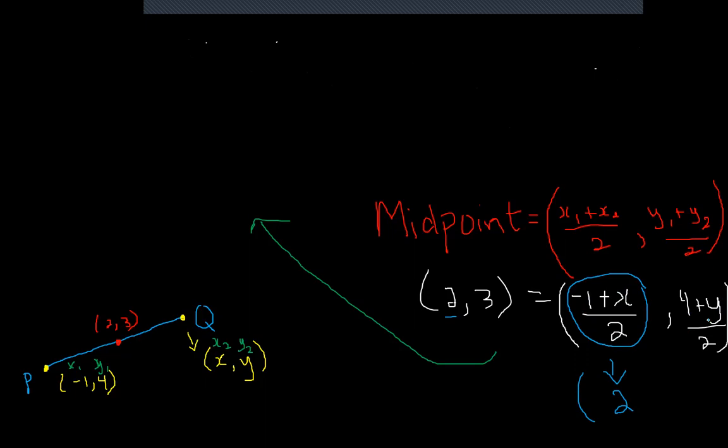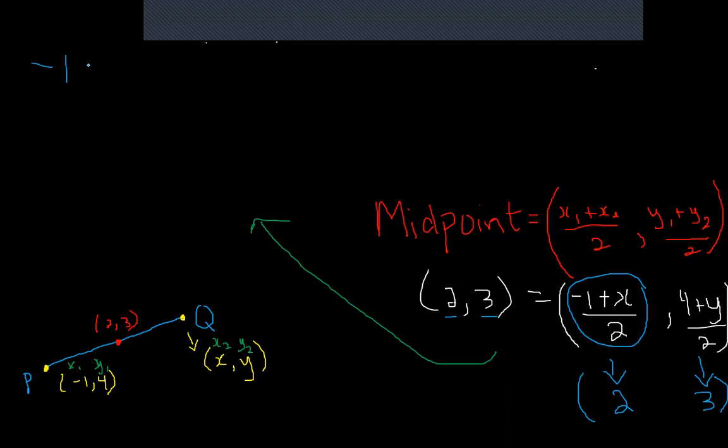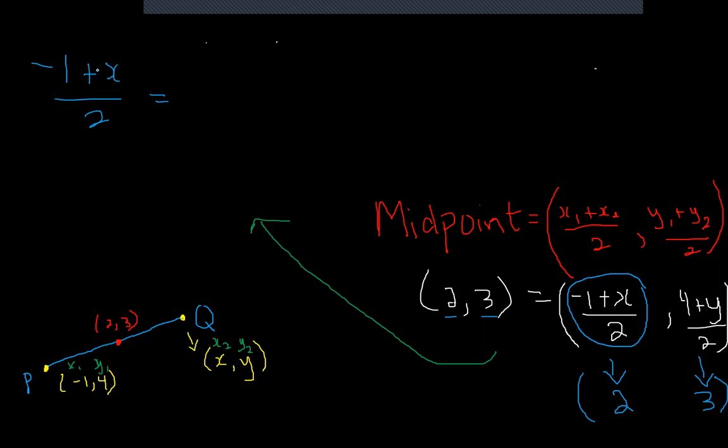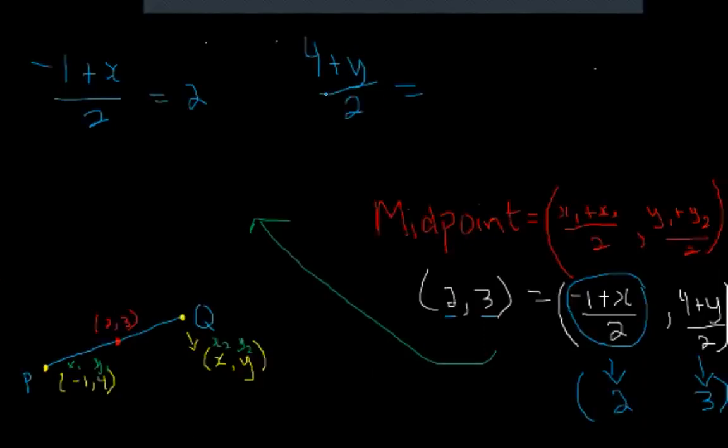Whatever this y value is, when I say 4 plus y divided by 2, the answer I'm supposed to get is 3. So how I got 2, I said minus 1 plus x divided by 2, and whatever this is, the value I'm going to get is 2. And for this one, whatever this value of y is, when I say 4 plus whatever the value is divided by 2, the answer I'm going to get is 3.